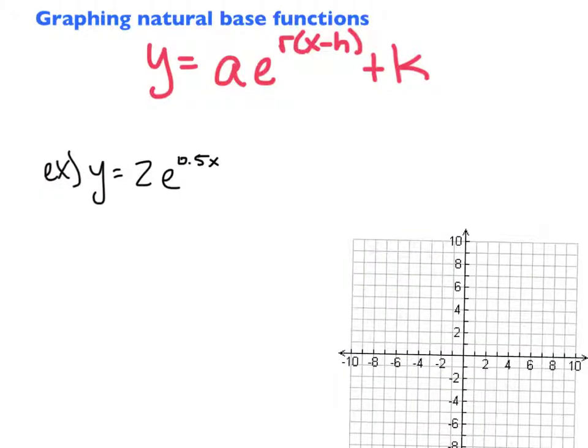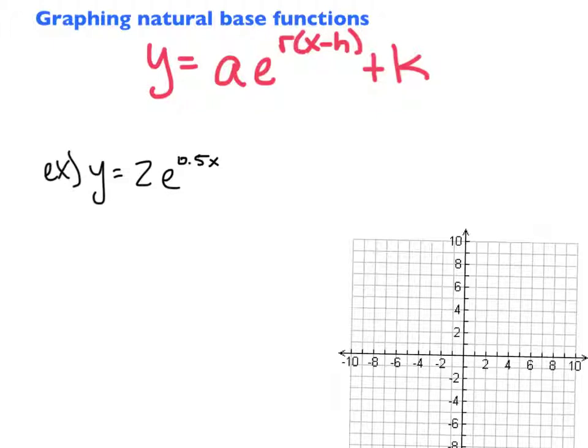Whenever we're graphing natural base functions, all of the same rules apply as for all of the other exponential functions that we've been doing. So this a, what is a going to do? It makes it stretch, compress, or if it's negative, it reflects. What does the h do? Left and right. K is up or down.